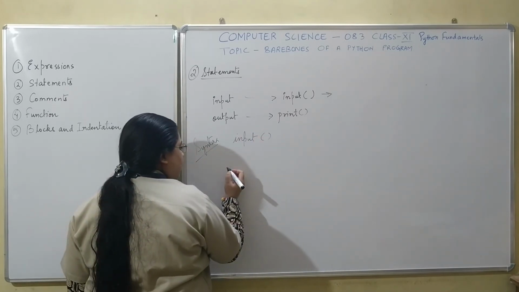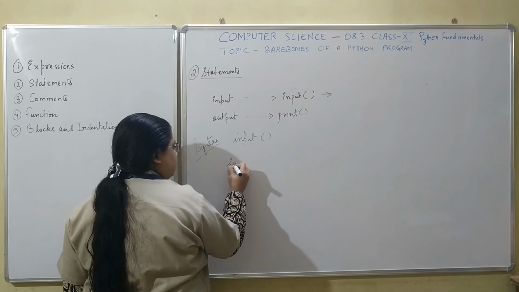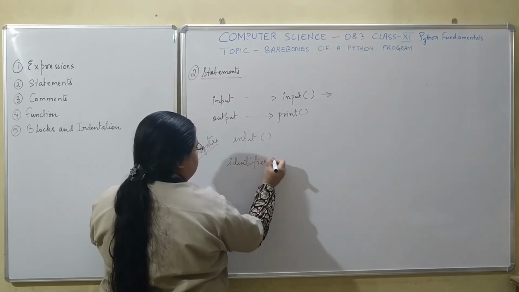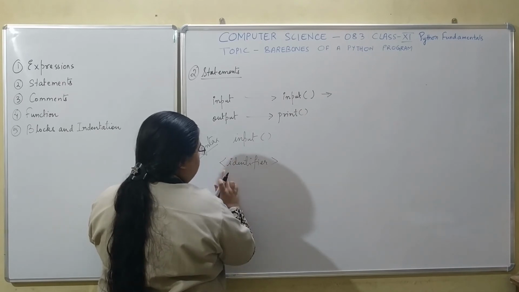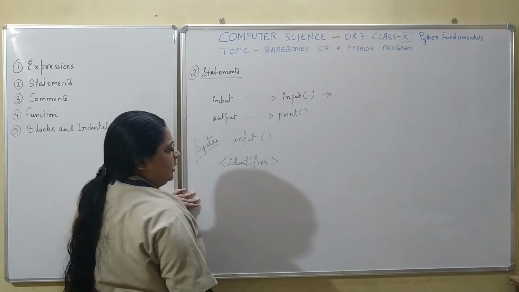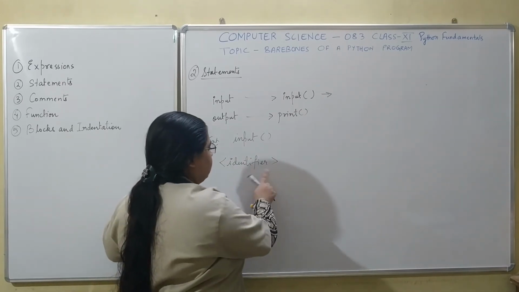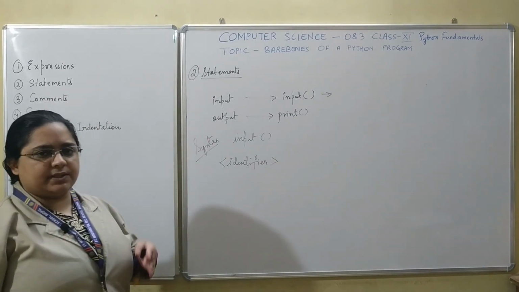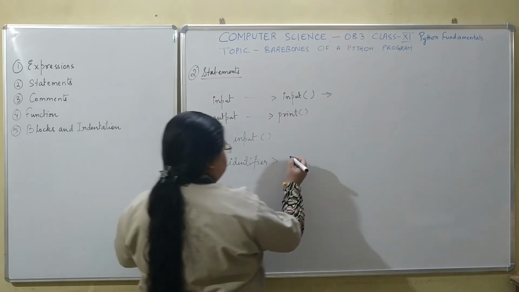We would have an identifier over here. I have enclosed this identifier within angular brackets to show that it is a user defined identifier. That is, any identifier which is created by user.